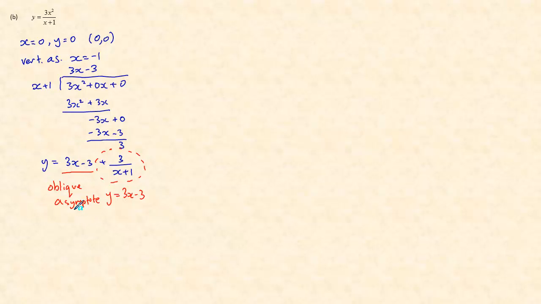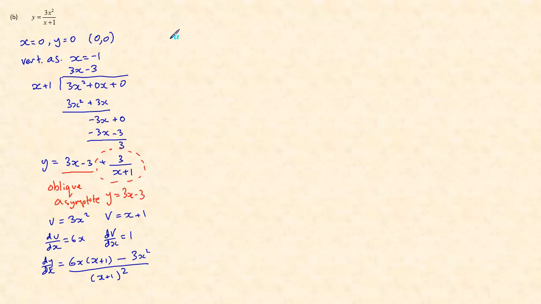So let's have a look at turning points. So u is 3x squared, v is x plus 1, then du dx is equal to 6x, dv dx is equal to 1. So dy dx is going to be v du dx, so that's 6x times x plus 1, take away u dv dx, which is just 3x squared, all over x plus 1 all squared.